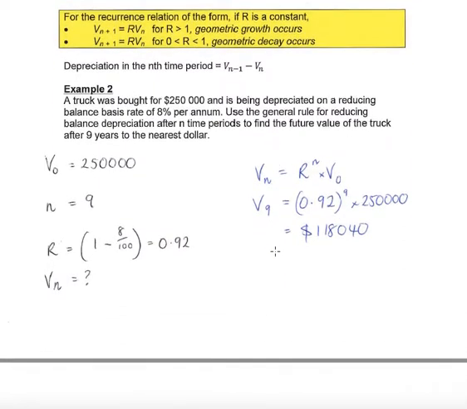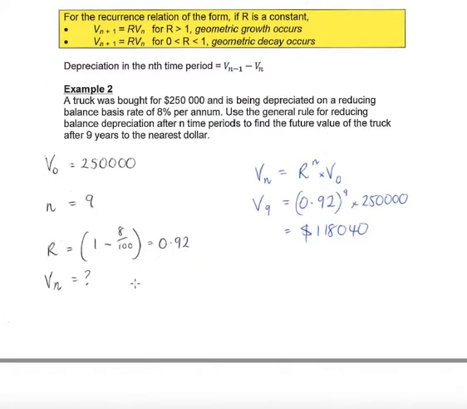So example 2: a truck was bought for $250,000 and is being depreciated on a reducing balance basis at a rate of 8% per year. We use the general rule for reducing balance depreciation after a certain number of time periods to find the value of the truck after 9 years, to the nearest dollar. So you may like to list this: the initial value being $250,000, the number of years being 9, our rate, in a sense, is 0.92 because it's 8% taken from 100% or 1.